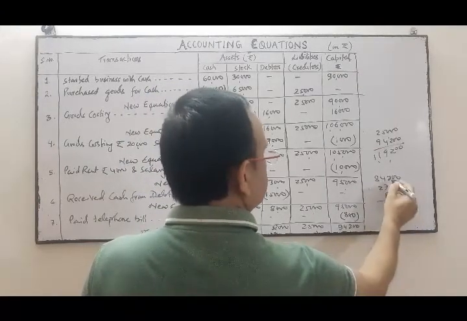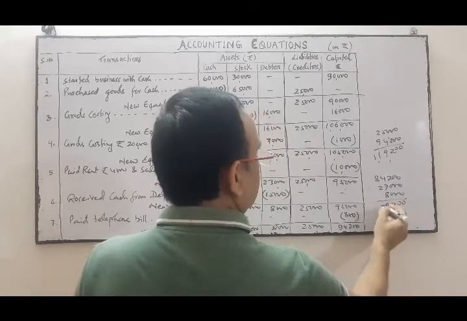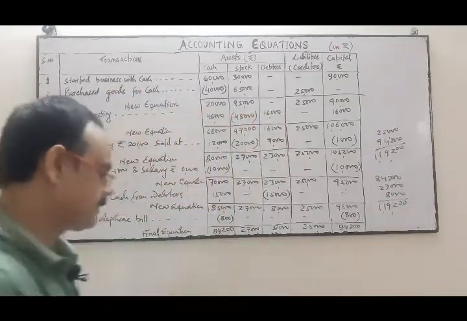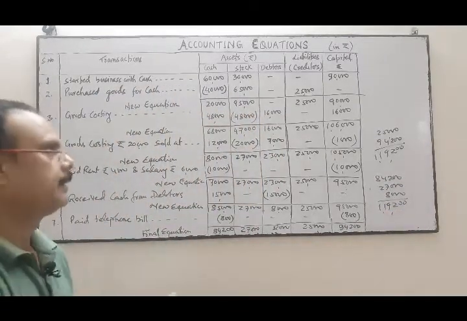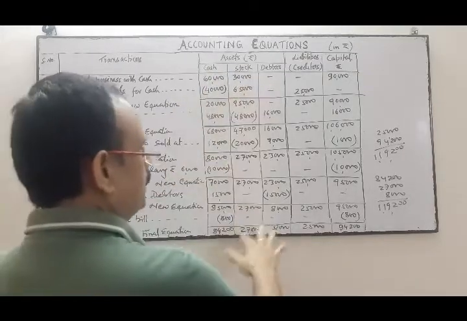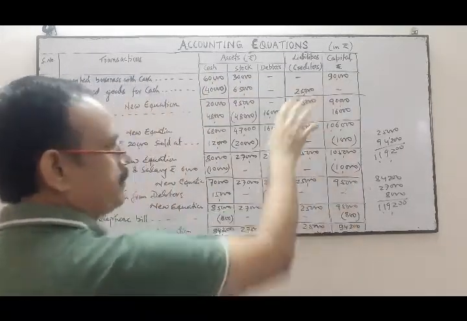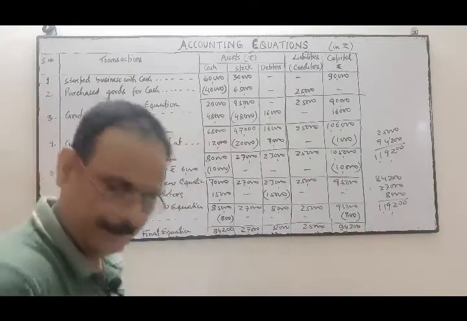The total is 1,19,200. Both sides are the same: the asset side total and the liability side total, capital plus liability, are equal.